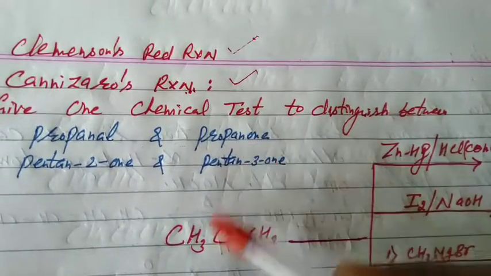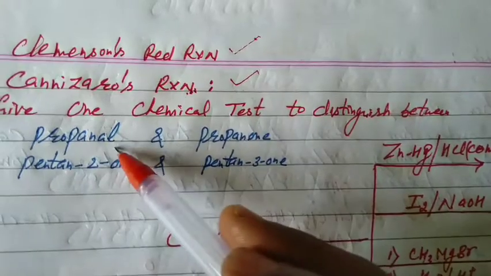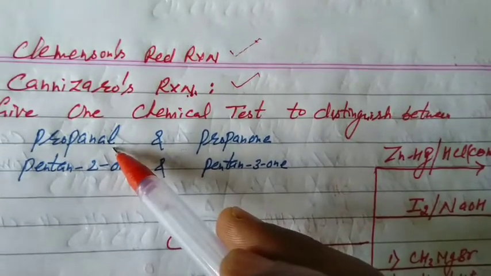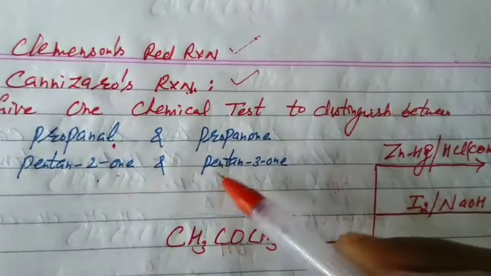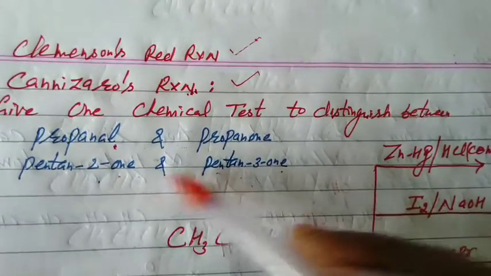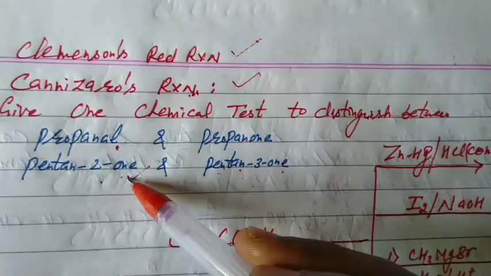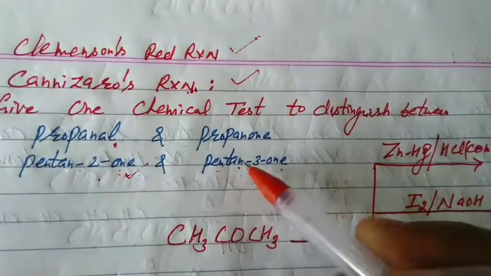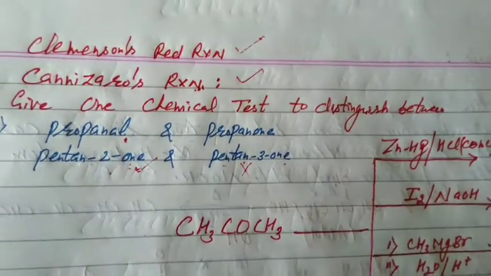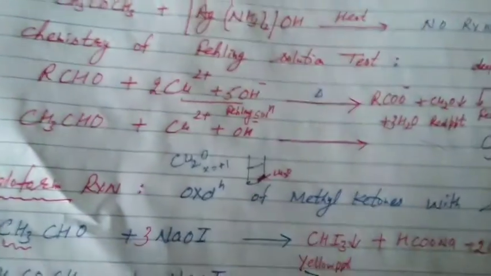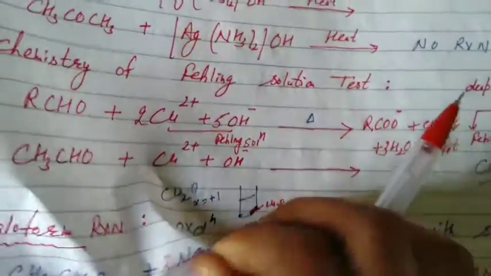You can give Tollens' reagent test. Propanone, no reaction; propanal, a shining mirror of silver is obtained. Propan-2-one versus propan-3-one: iodoform test with propan-2-one. It will give the iodoform test because the carbonyl carbon is in link with a methyl group; in the other, no reaction. The haloform reaction is called the iodoform reaction or iodoform test because iodoform is formed as the product.